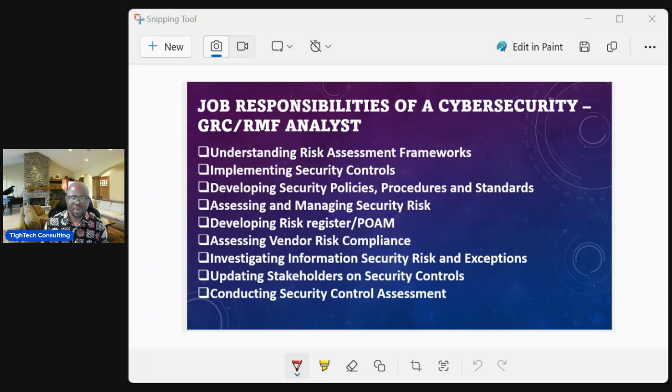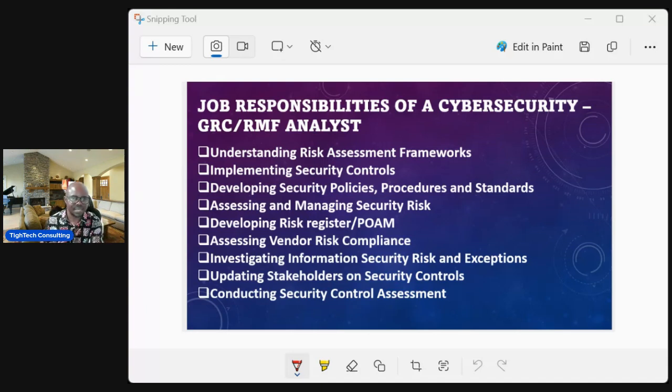So when you are looking to get into that space of cybersecurity, either as a GRC or risk management framework, you need to understand risk assessment frameworks. Now there are different frameworks out there. You need to understand COBIT, you need to understand the NIST framework, you need to understand the ISO framework, and each one of them has their own risk assessment. How is risk assessment conducted?